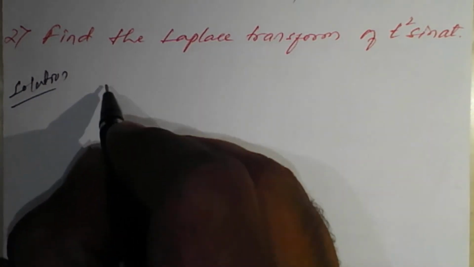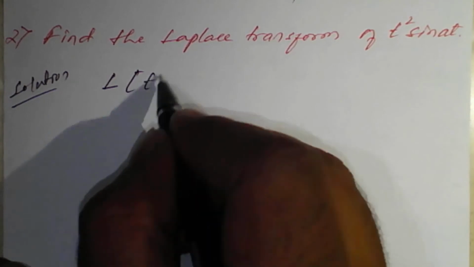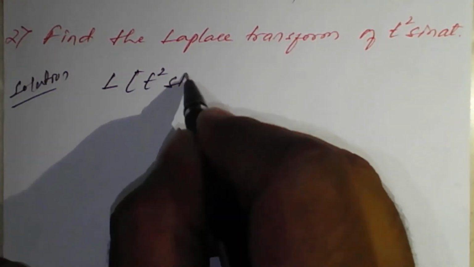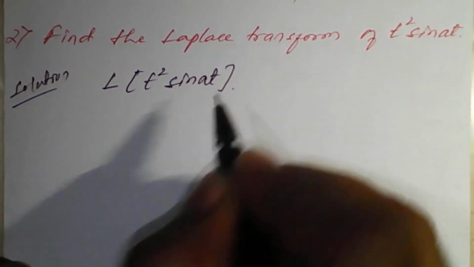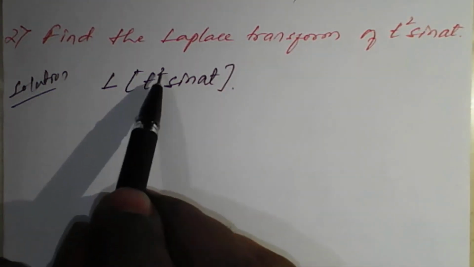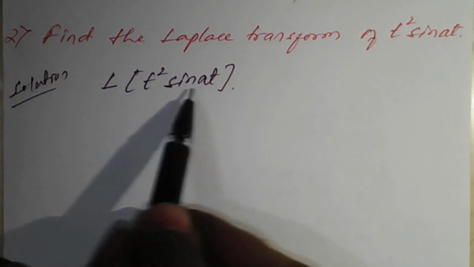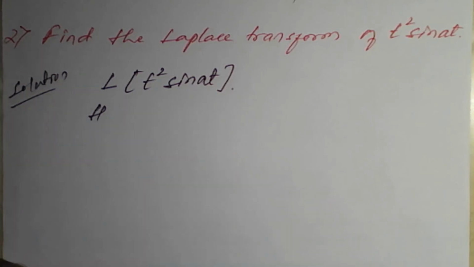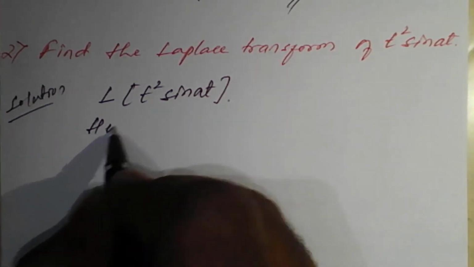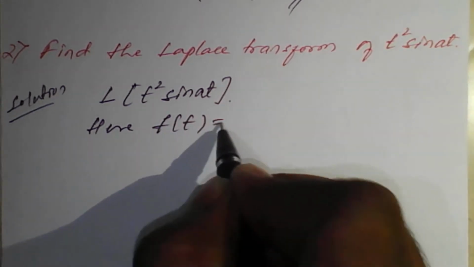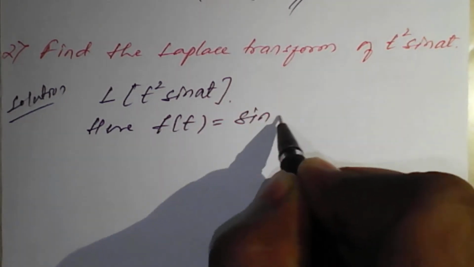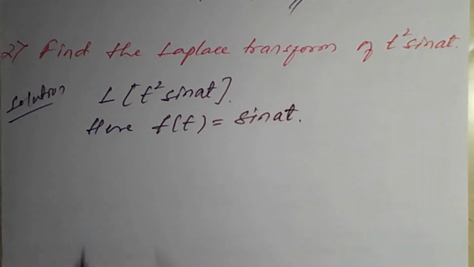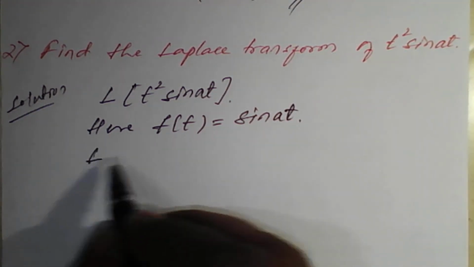So solution: we need to find Laplace transform of t square into sine of at. So what happens here? Here t square is multiplied to the function sine of at. Here f of t is sine of at. So therefore take Laplace transform on both the sides.